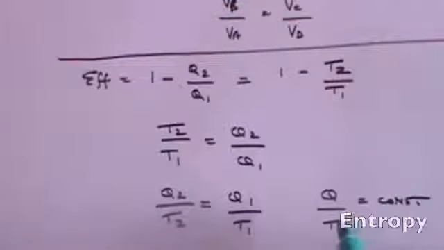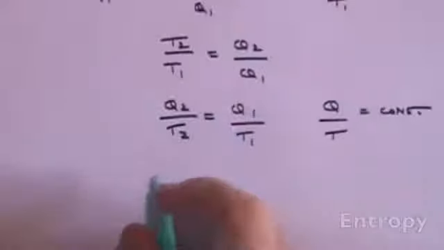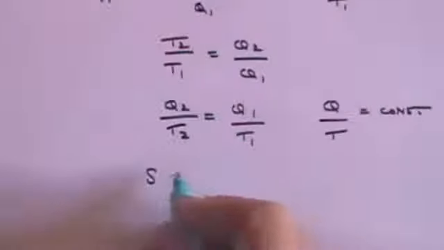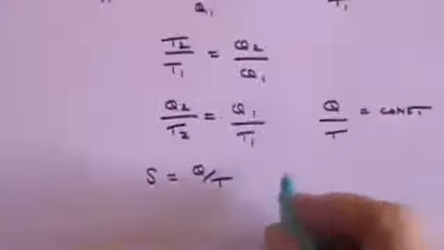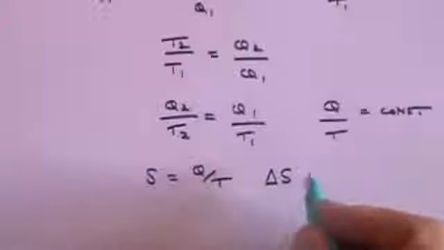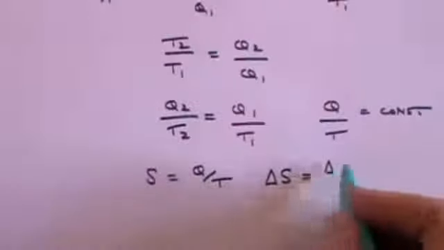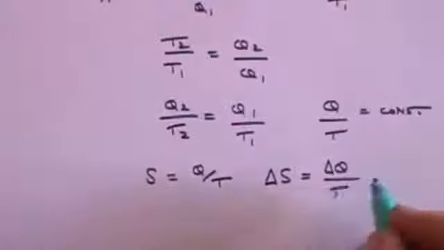And I am going to give that constant value of Q over T a name. I'm going to call it entropy. And entropy is usually denoted with the letter S, so S is Q over T, or you sometimes write it as the change in entropy is equal to the change in heat divided by T.